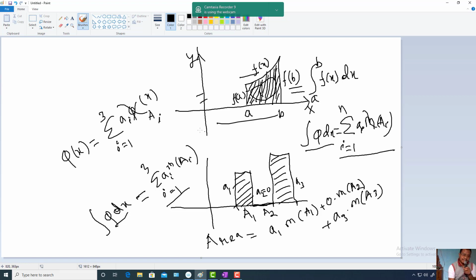So from this elementary calculus definite integral definition, we have now defined the integration of a simple function like this. Once we have defined integration for a simple measurable function, we will extend this definition to any non-negative function which is measurable.